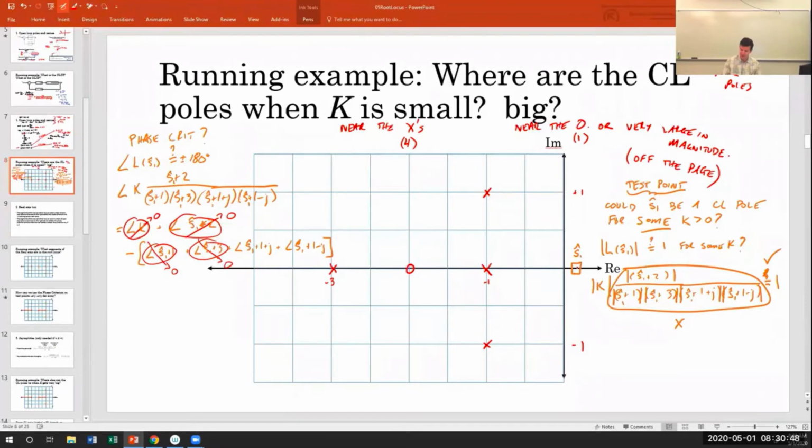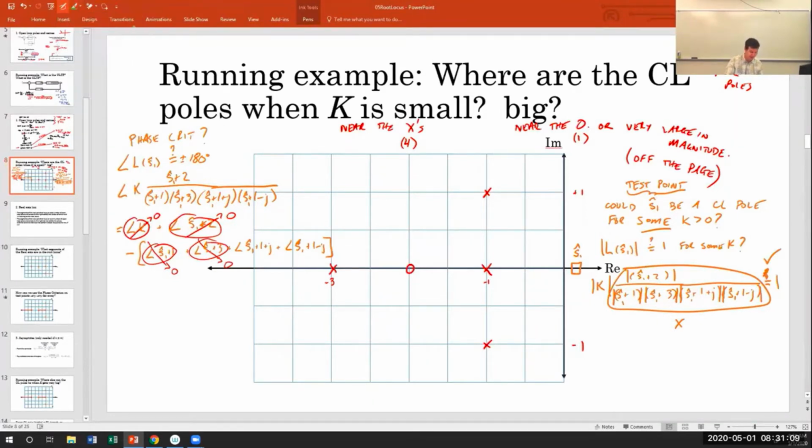So what if S1 hat were way out far right? If it were the origin, I'd agree. Is it going to be the tan inverse of the imaginary part over the real part? Good. So let me show you a graphical way to answer the question I just asked.